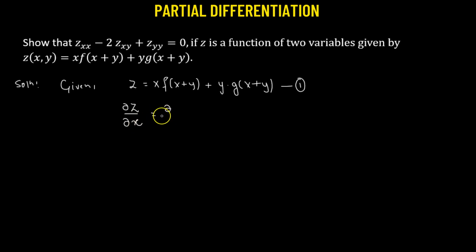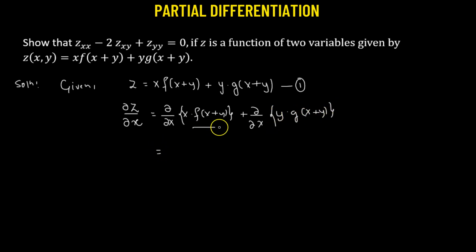That means we'll have to take the partial derivative with respect to x of x times f of x plus y, plus the partial with respect to x of y times g of x plus y. So let's apply the partial derivative. Here we'll have to use the product rule.